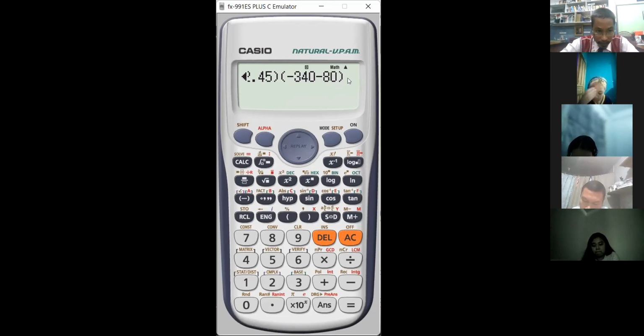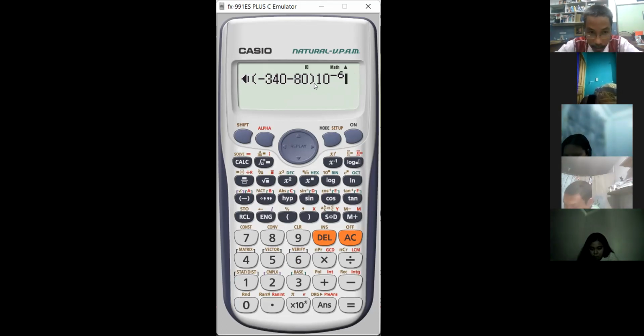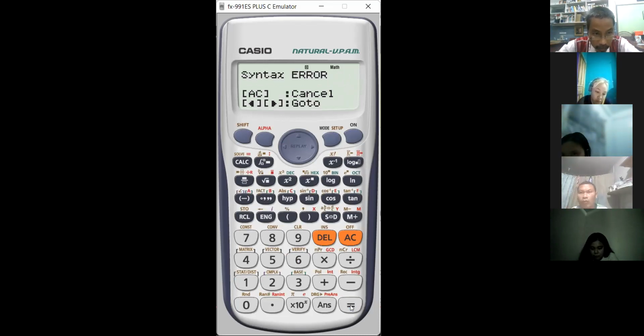Or you can just multiply this by 10 raised to the negative 6 power. That is how you use your calculator.